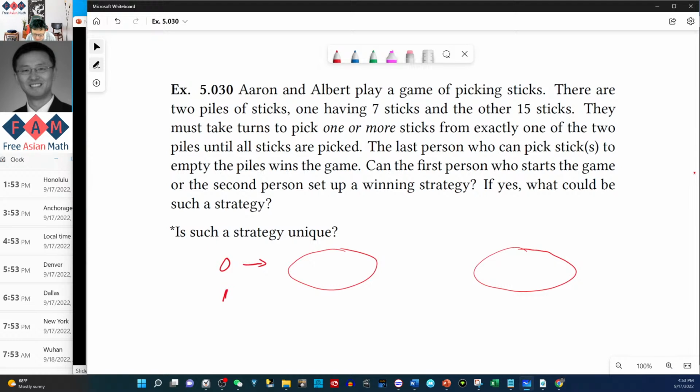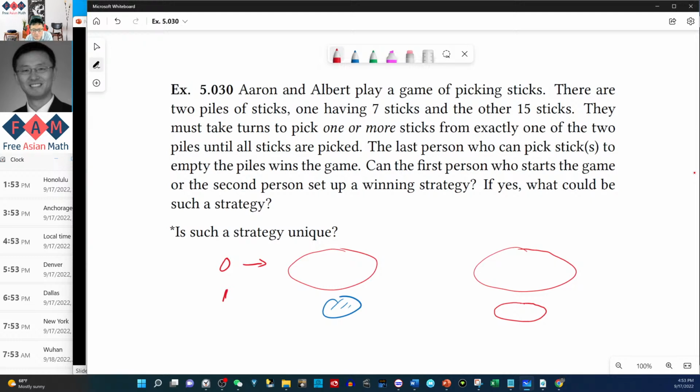So this guy must face the case where one pile has some sticks and the other pile is empty. It doesn't matter which pile, but what this guy must face at this point is that exactly one pile is empty. The other pile does have sticks.